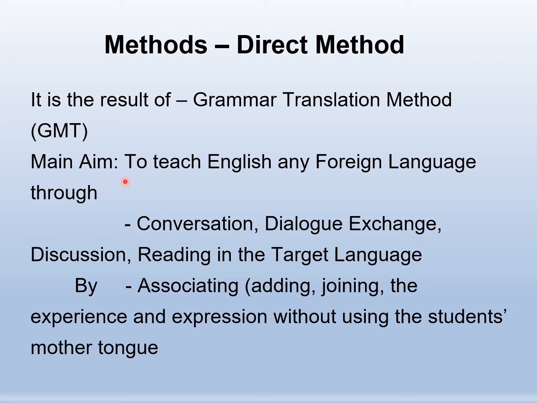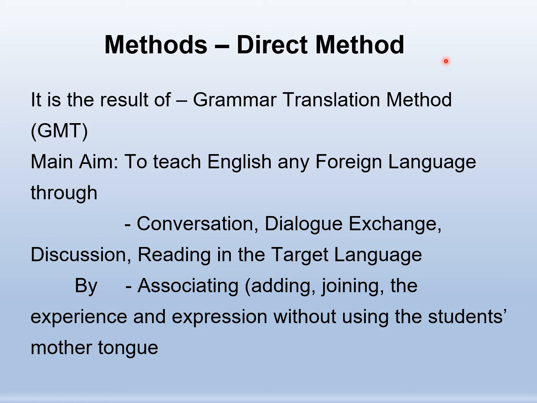If you want to teach a second language or any foreign language like English or German, any language other than the mother tongue, we should use that language only. We should not translate it into the child's mother language. So that is nothing but the direct method.